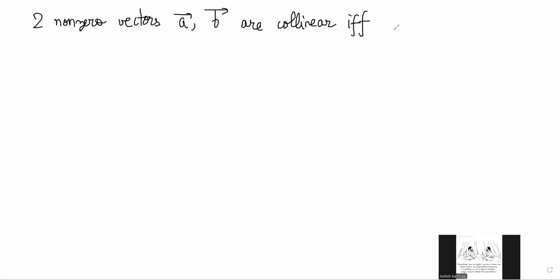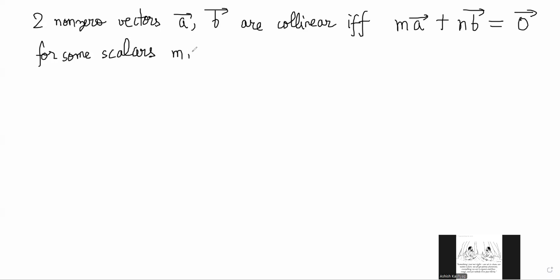Two non-zero vectors A and B are collinear if and only if m times A plus n times B is equal to the 0 vector for some scalars m and n not both 0. Both scalars m and n should not be 0, and there should be two scalars such that mA plus nB is the 0 vector.